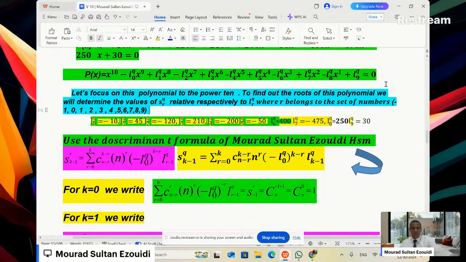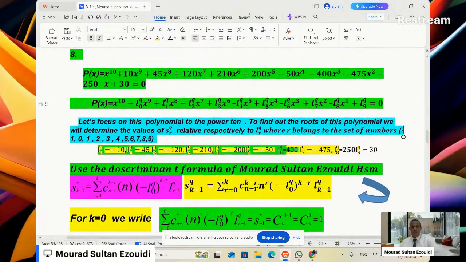In fact, this equals zero, and we are going to solve this.